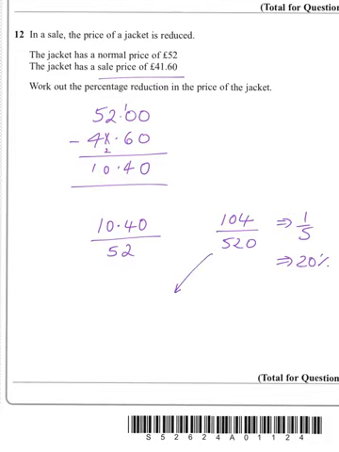If you can't, although this is a non-calculator paper, you can try it on your calculator and get the experience, but if you still can't see it, then you can halve top and bottom and get 52 over 260, halve again, which is 26 over 130, which is 13 over 65, and then 13s into 65 is 5. Hopefully you can see that, and then that will give you 1/5 or 20%.